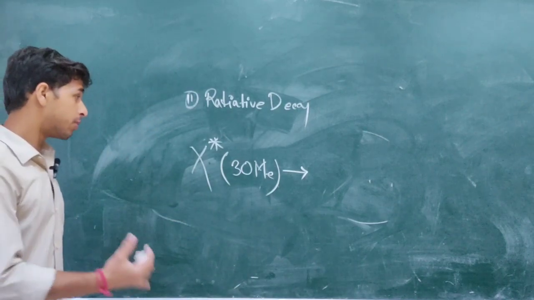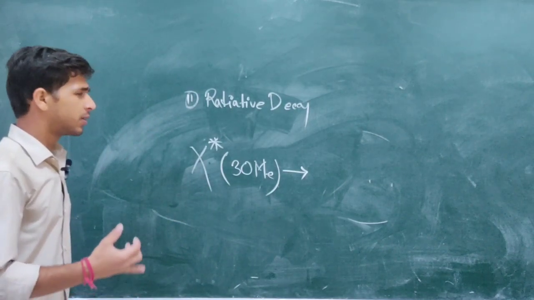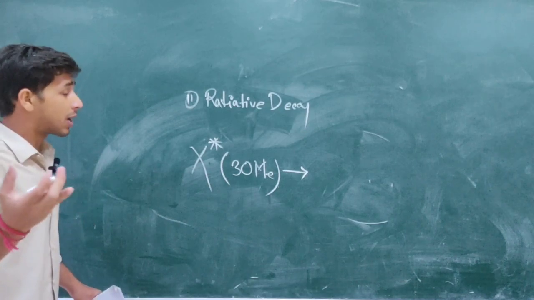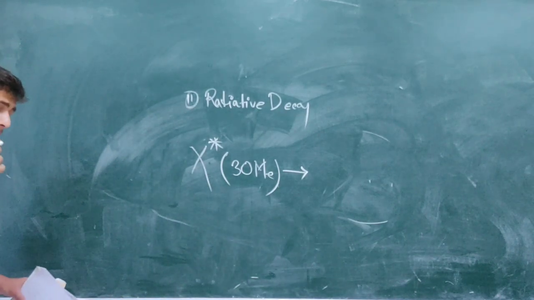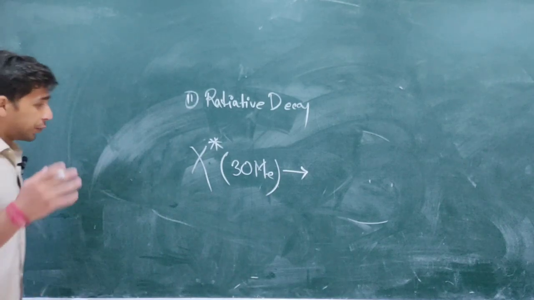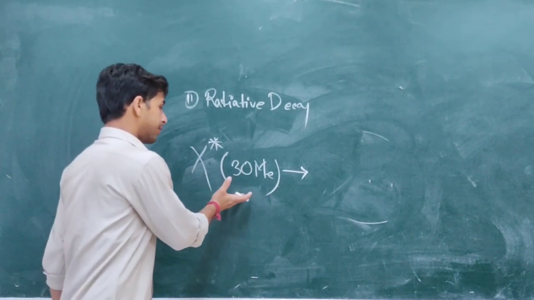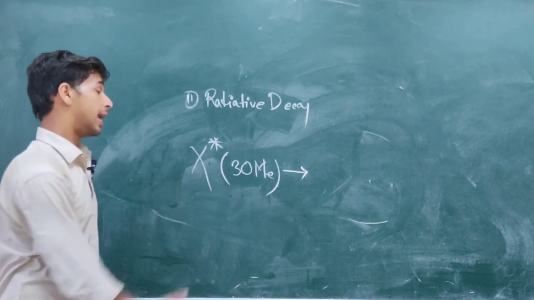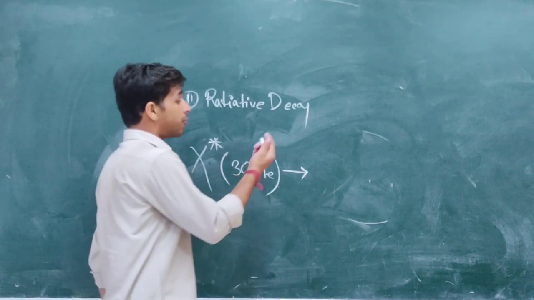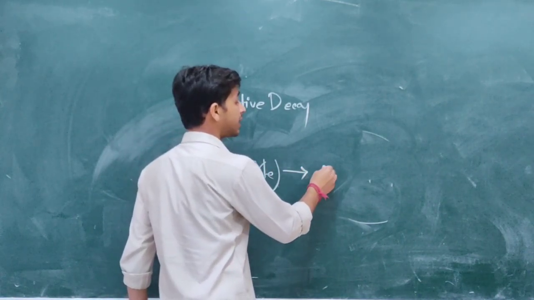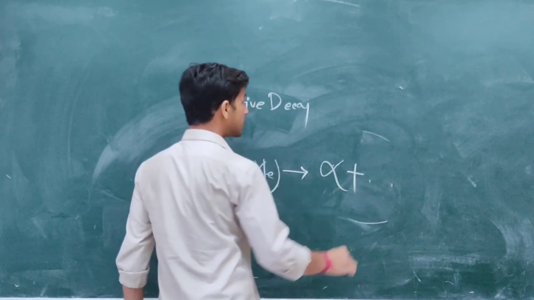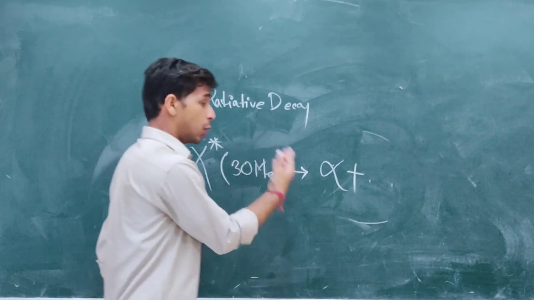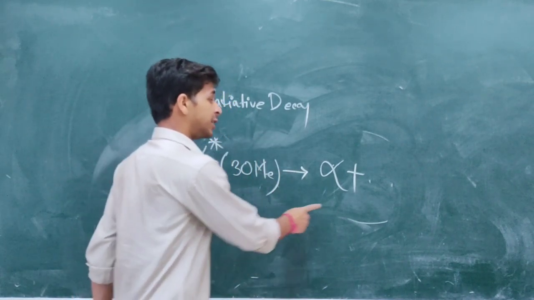It's a probabilistic reaction. There could also be gamma radiation in case of giant resonance, but for our level we have to first consider that if a nucleus has this much energy, it will first decay by some particle, generally an alpha particle, and the nucleus will have low energy compared to initial.